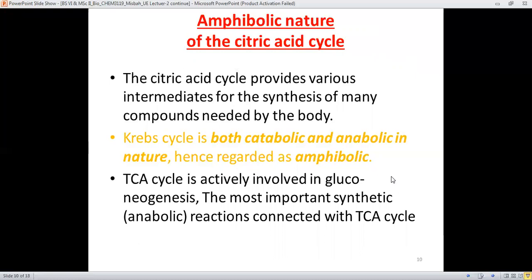Therefore, this word is derived from the amphibian nature of the frog. Amphibian means it can live on land and also survive in water, and therefore the Krebs cycle also has the amphibolic nature. Amphibolic means both catabolic and anabolic nature, where compounds are synthesized and also broken down into their fragments.